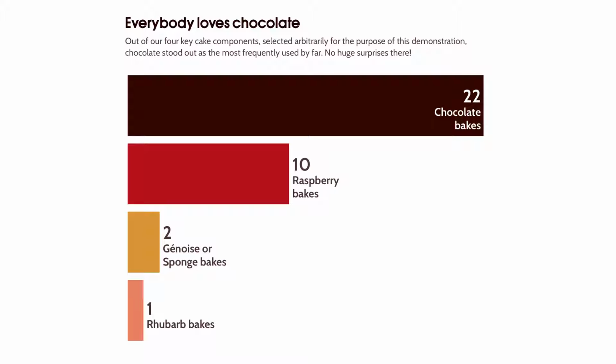We've got a chocolate color for the chocolate bar, a raspberry color for the raspberry bar, a sponge color for the sponge bar, and a rhubarb color for the rhubarb bar. And that means that you don't really need to read that it says chocolate, raspberry, genoise, or sponge and rhubarb, because it's kind of there already in your mind. And when you walk away from the plot, you'll be able to remember that raspberry was the second one, genoise was the third one, etc.